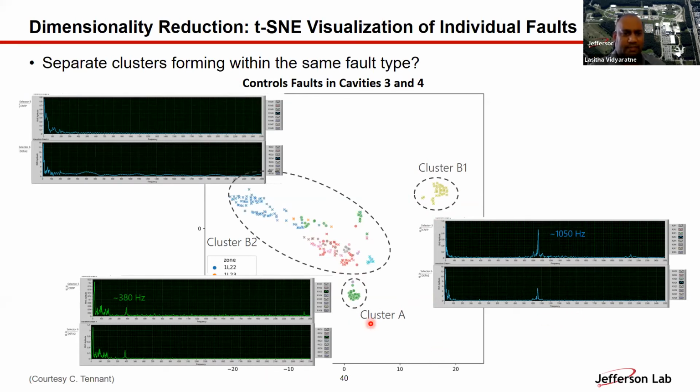And for this small cluster, cluster A, there seems to be another different representation in the frequency spectrum, whereas the larger cluster shows a normal representation for the controls fault. So it's quite interesting to see that there seem to be different manifestations of the same fault type.